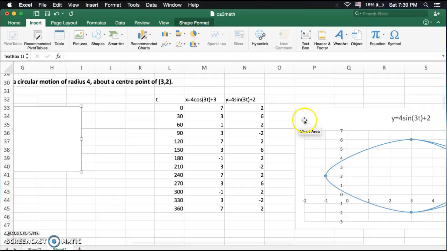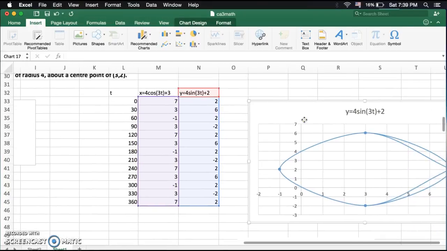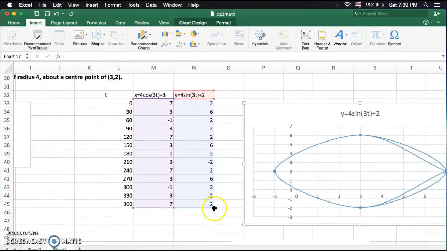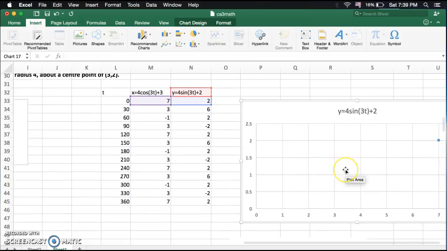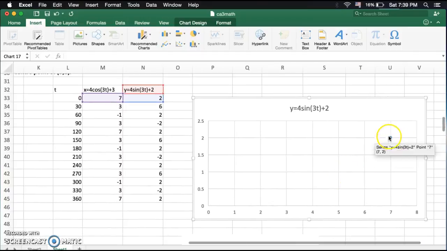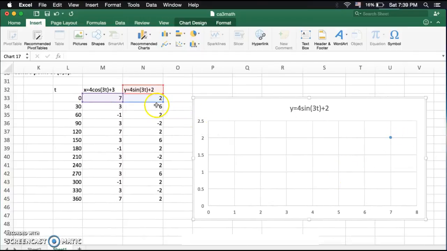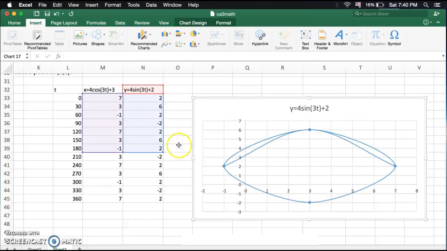As you can see, I drag up. The initial point is (7, 2), which is here. When the time increases until 180, it actually forms a circle already.